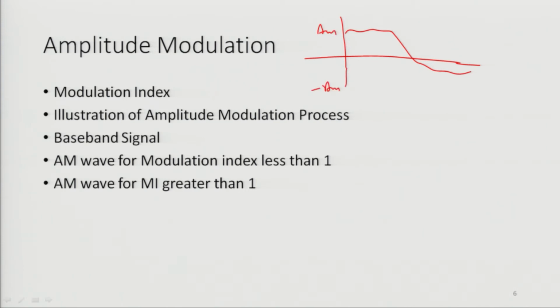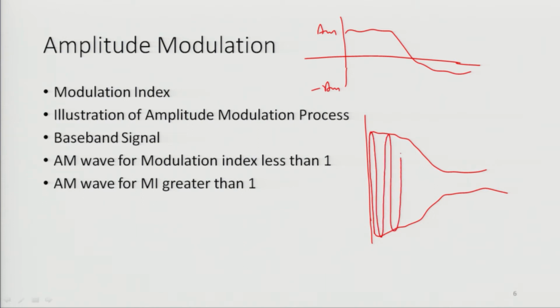Now, the AM waveform for modulation index less than 1 can be drawn like this. It is a middle point, that is 0.